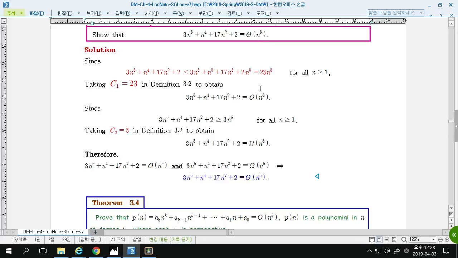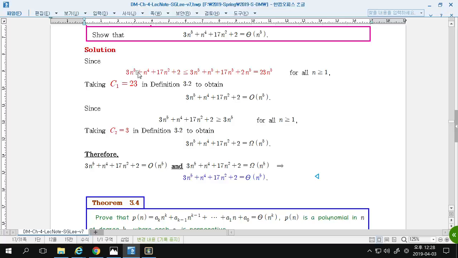In order to show this polynomial is theta of n to the fifth, we have to show this polynomial is big O of n to the fifth and big omega of n to the fifth. Then it will be done. In order to do that, let's write down and find the upper bound of this.